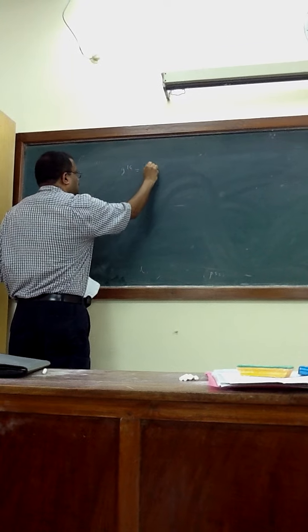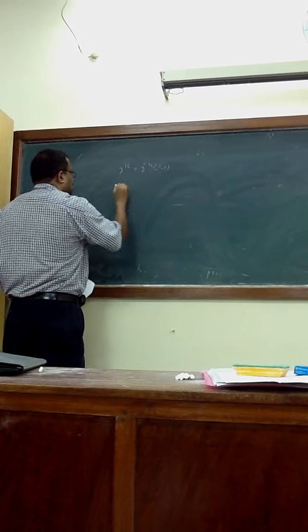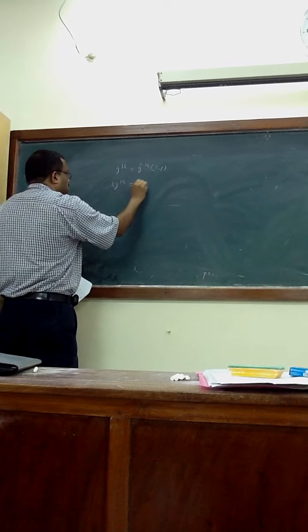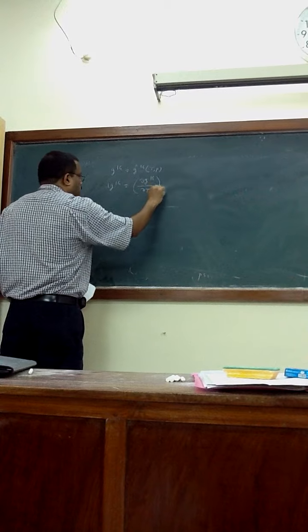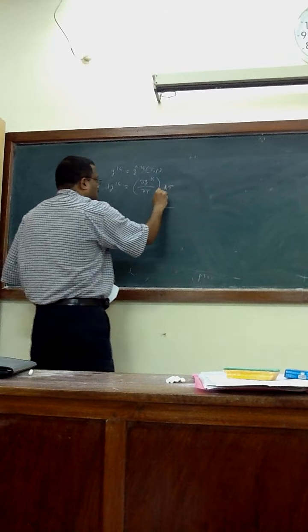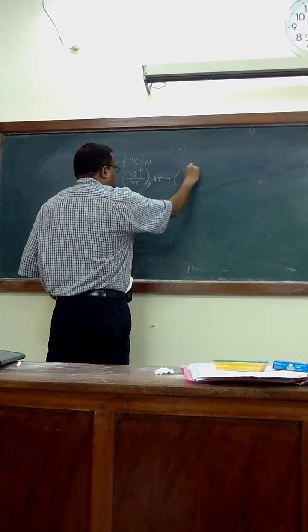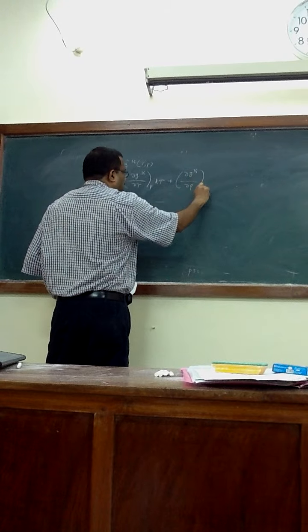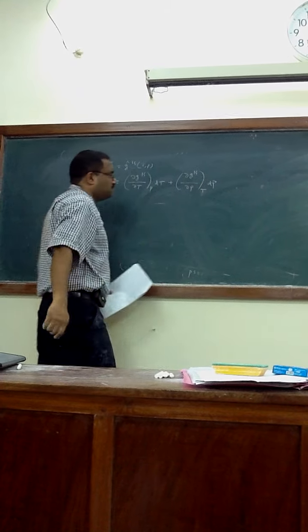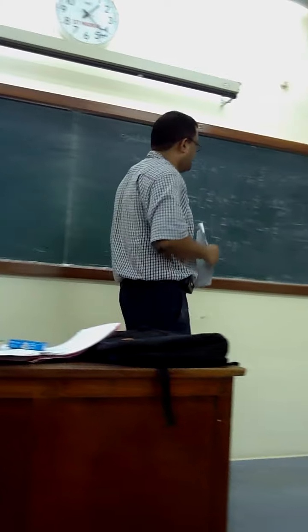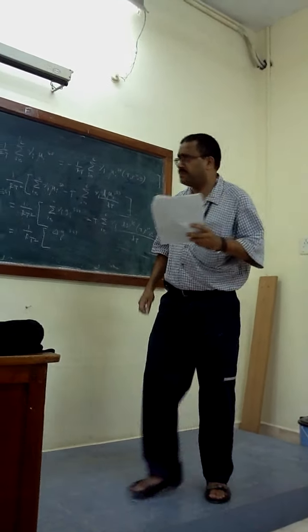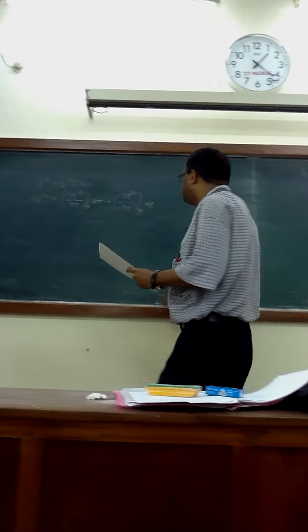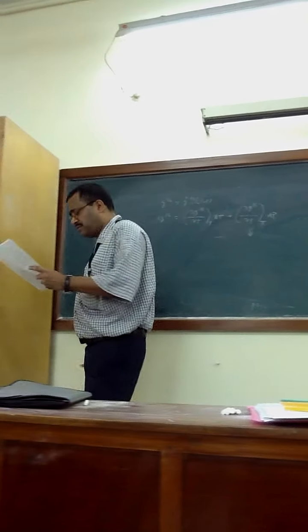G Ig is a function of T and P. So dG Ig is dou G Ig by dou T at constant P, plus dou G Ig by dou P at constant T. Temperature is changing, pressure is constant. What should you write? We have done this earlier, at the very beginning.